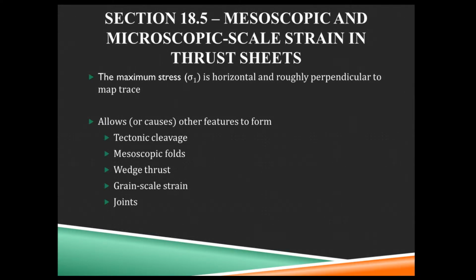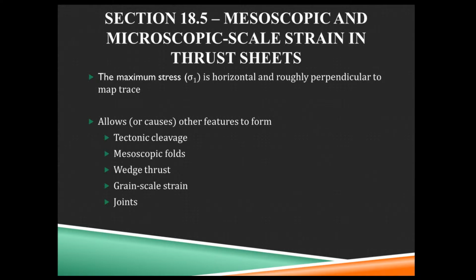So we've looked at the regional, we've looked at within a single fault in a single fold. We can also look at the microscopic scale. So we can go from mesoscopic, huge, down to microscopic, tiny. And we can look at the strain that happens, the deformation that happens in these thrust sheets.